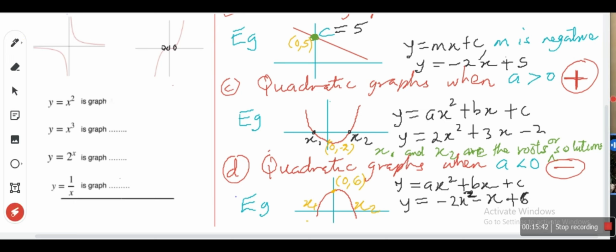You can see that from the equation itself. Now remember, it forms an N because a is minus 2, a is negative. And the intercept is plus 6, that's why you have it here. You can sketch it. These x values are the roots.